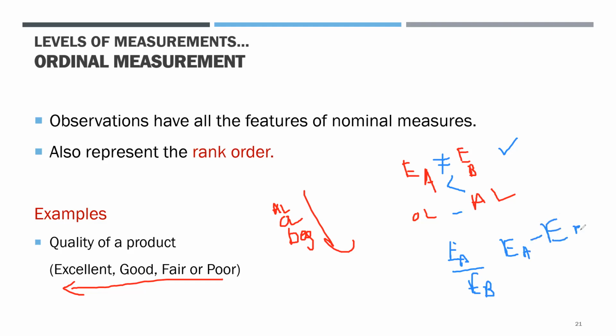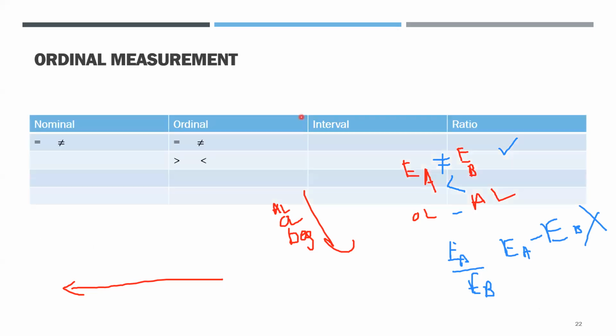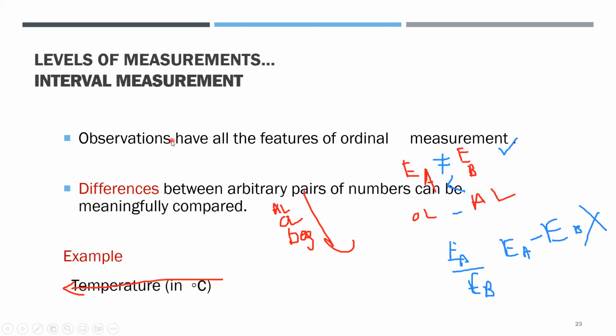Can you do this subtraction? It's also not possible. So these things can't be done under ordinal scale measurements. So basically, we can do these things, right? Okay, so that is what we call ordinal scale measurements. So we can do this kind of comparisons for ordinal scale variables, right?